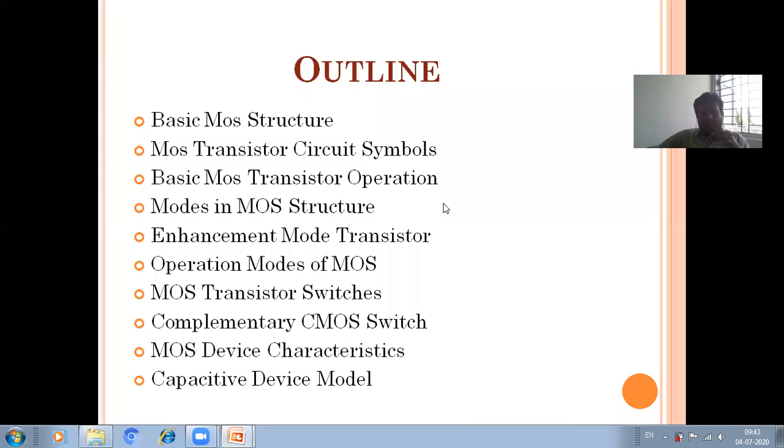Today we will discuss MOS transistors, the theory of the MOS transistor. The outline of today's session is the basic MOS structure.